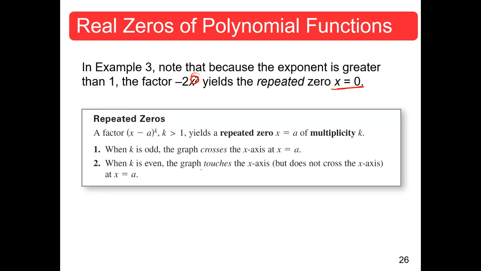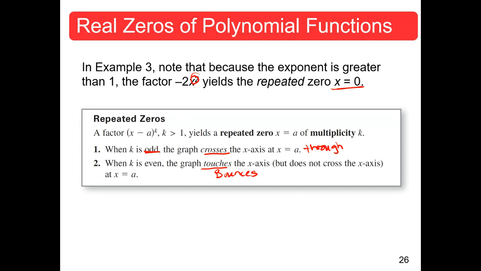It says multiplicity, but really, in my mind, it bounces off the x-axis. If you have a multiplicity of 1, or an odd multiplicity, it goes through, crossing the axis. If you have an even multiplicity, it bounces. If you have odd, it goes through.